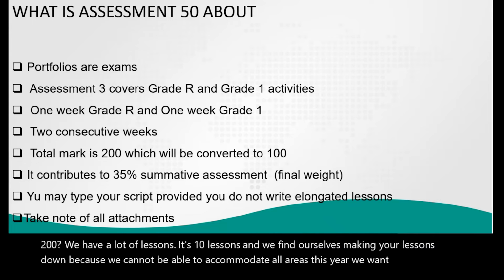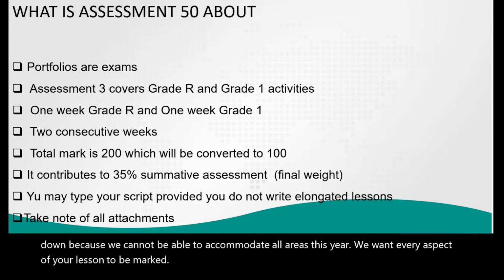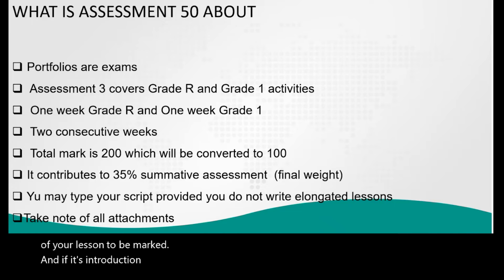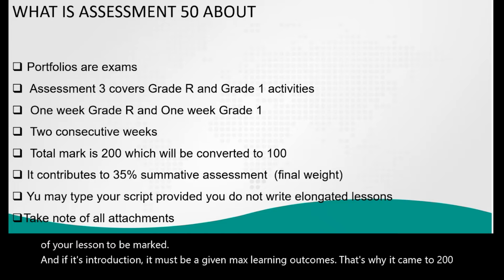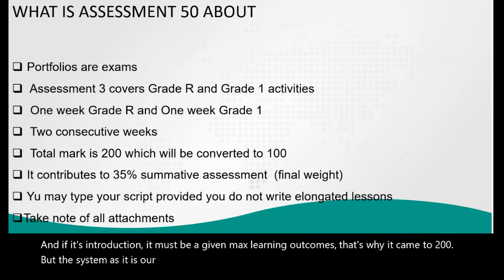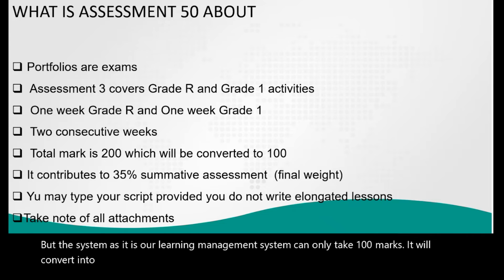This year, we want every aspect of your lesson to be marked. If it's introduction, it must be given marks. Learning outcomes, that's why it came to 200. But our learning management system can only take 100 marks. It will convert into 100 marks.